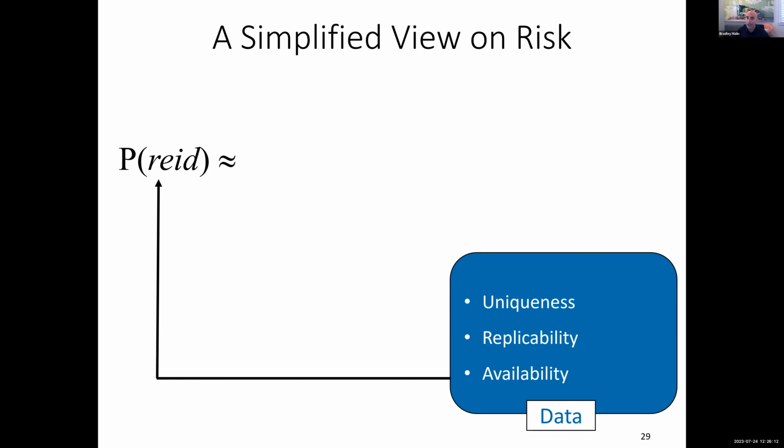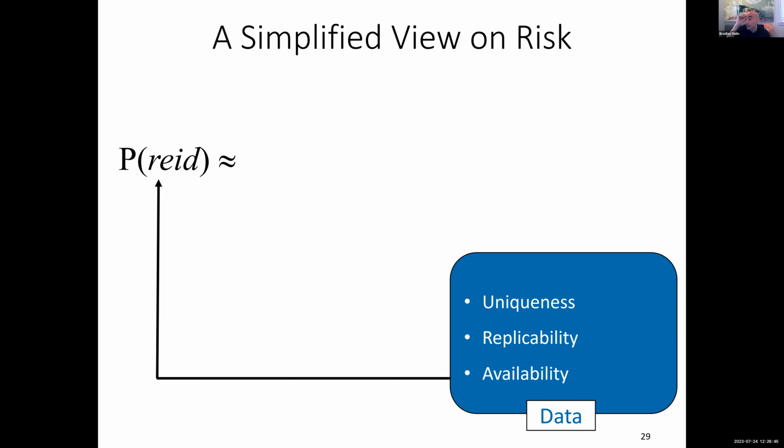When we're talking about risk, a lot of people fixate on this notion that the chance of a re-identification is basically how unique you are in the data set. How replicable is the information that represents you in other resources, right? Is your date of birth consistent across different resources? And can I get access to those resources, or are they completely top secret such that I shouldn't worry about that?